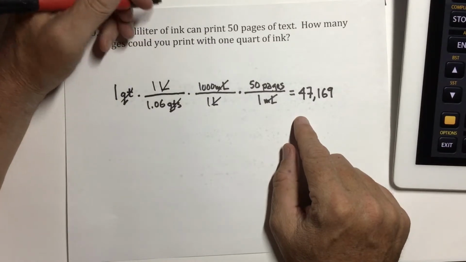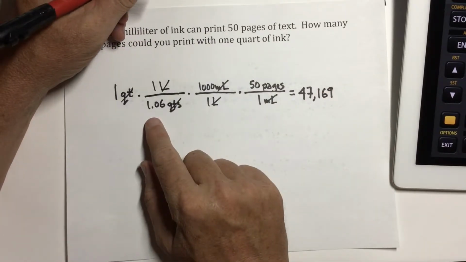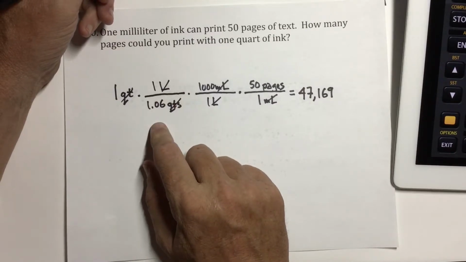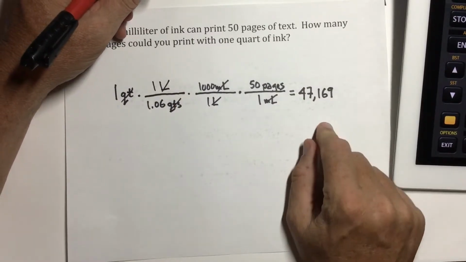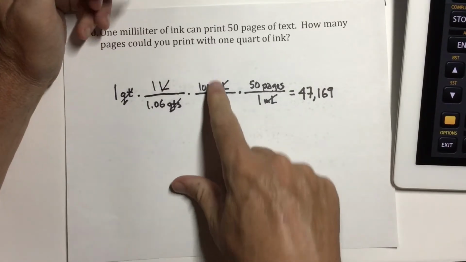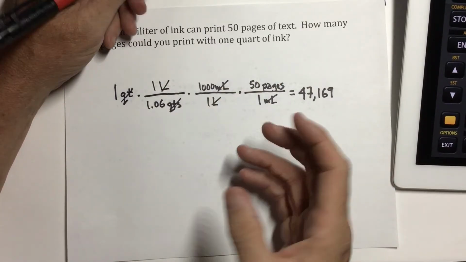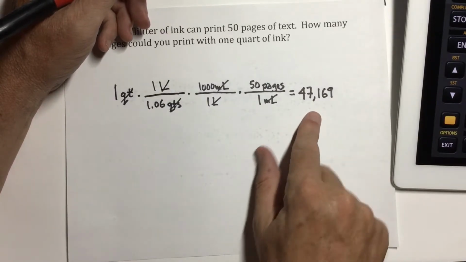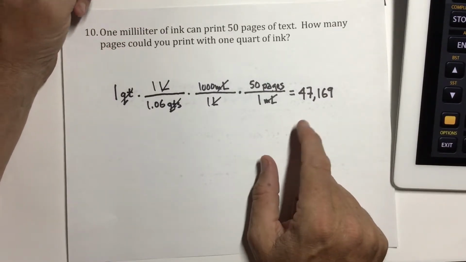It says 0.8, but really we're restricted to at most 3 sig figs here. But again, these are distinct items. So with 1 quart of ink, depending on what you typed, could you get ink on 47,069 pages? Yeah, you probably could.